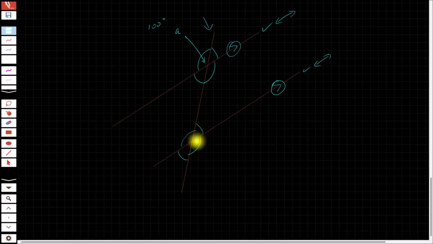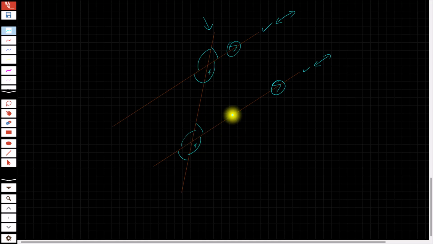Well, we use a set of rules, and we can also look at this problem with our eyes and see what matches up. Because we have two parallel lines, we can see the matching pairs. This angle here, with the line going there and the line going there, matches up with this angle here.